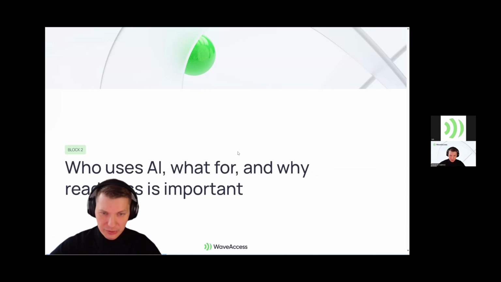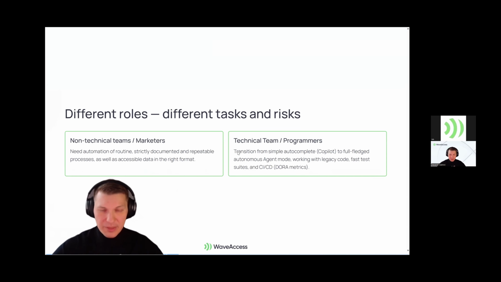It's people. Of course, we work with people, and in companies, people are the main resource or the main actor in the process. When we implement AI, we need to always think about the people. From my experience, depending on whether it's a non-technical or technical team, you need to keep in mind what different aspects you need to cover when talking about AI.